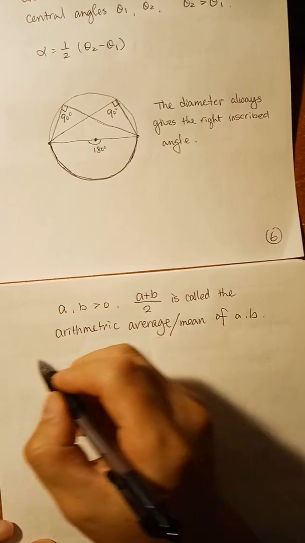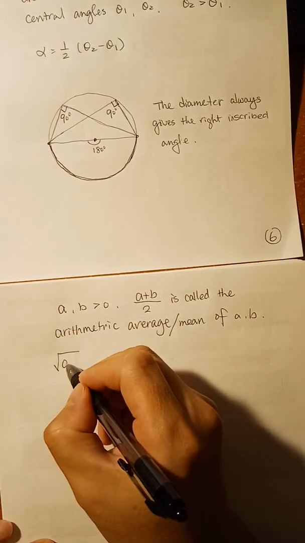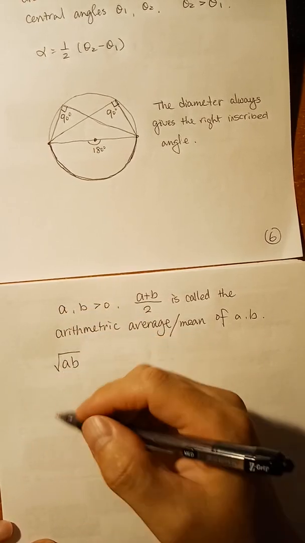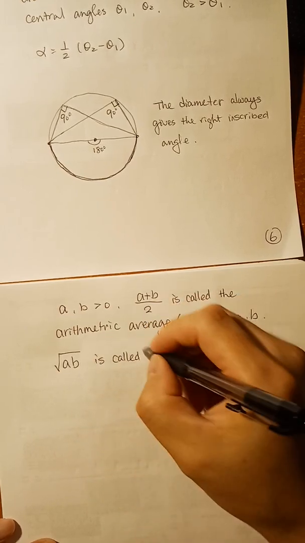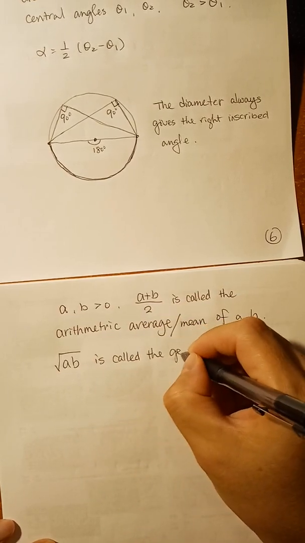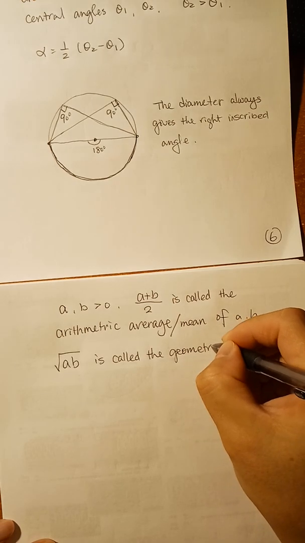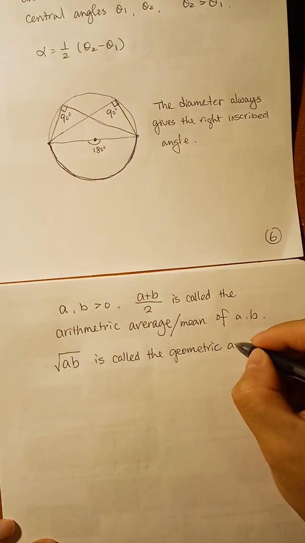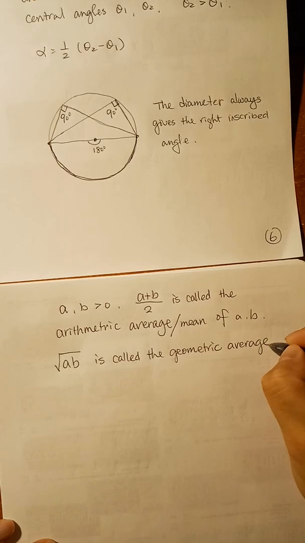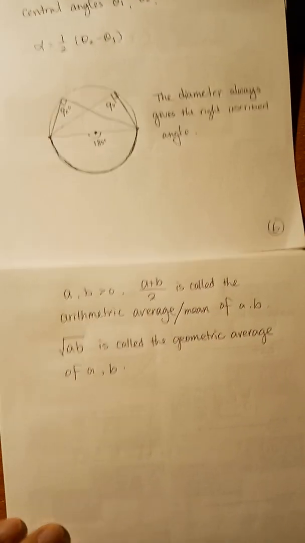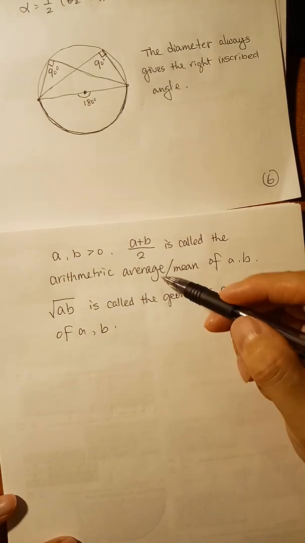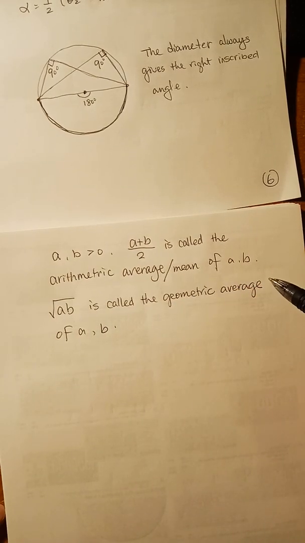And the square root of a times b is called the geometric average of a and b. So you have the arithmetic average and the geometric average.